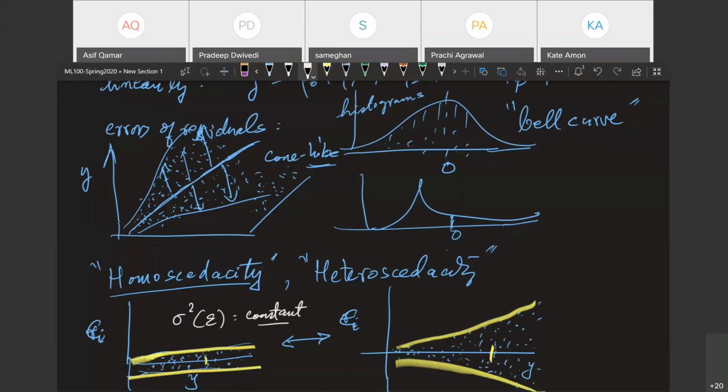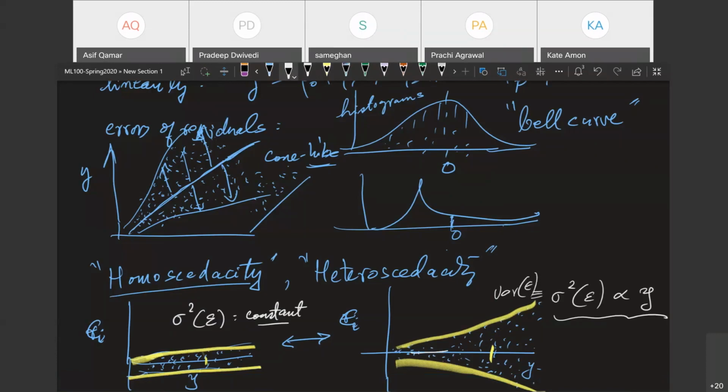Whereas what about this? Sigma square of error, or people just write it as variance, the same thing as variance. Variance of the error is proportional to y. It depends on y, the response, isn't it, guys? Do you see that?